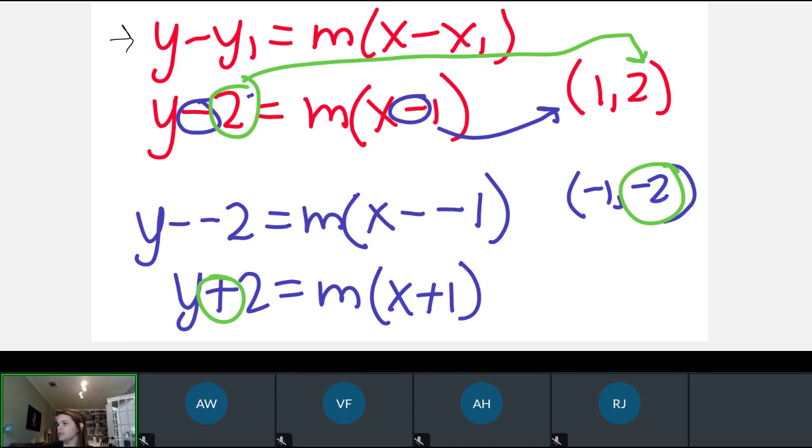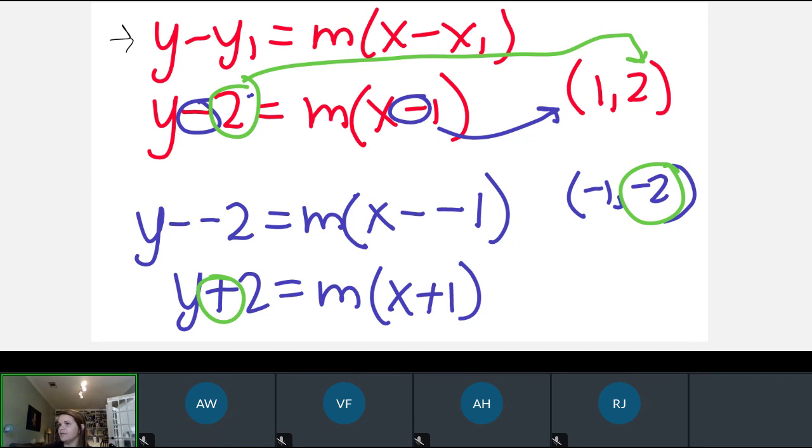So I would get y minus 2, and then in my parentheses, x minus 1. So if you see a minus sign and then a number, that number is your point, the positive number, okay?